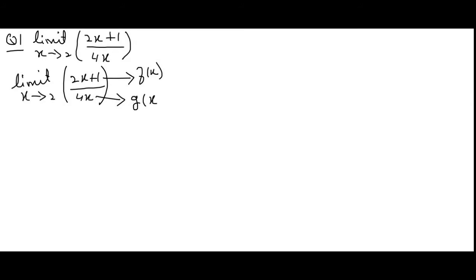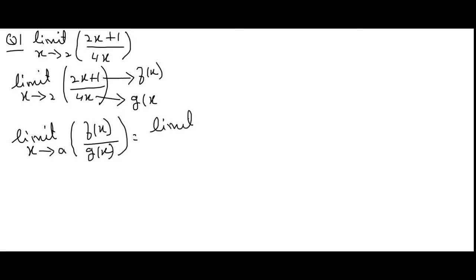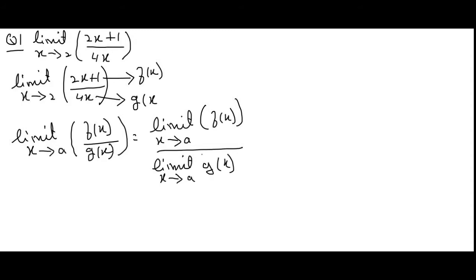And we have studied the division formula for the limits, that is limit x approaches to a, f of x over g of x is equal to limit x approaches to a, f of x, over limit x approaches to a, g of x, which means we have simply divided the function into two halves.